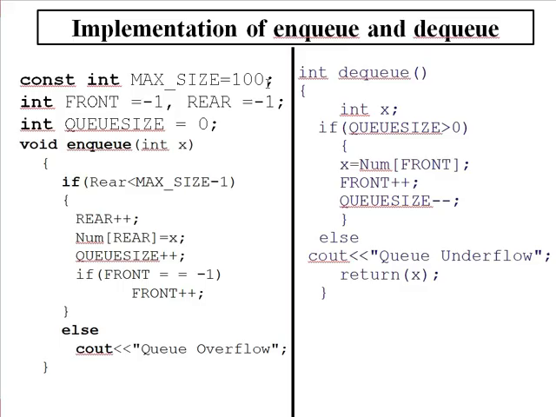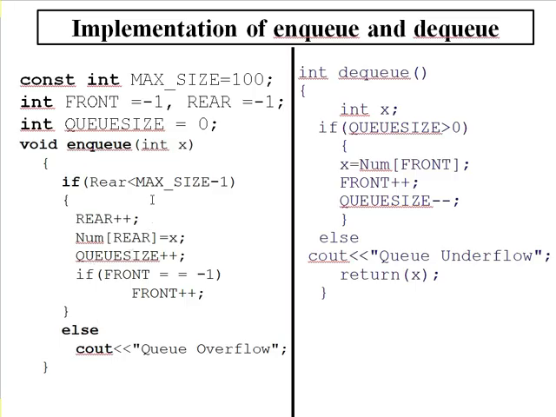And the enqueue operation takes as a parameter the element to be inserted into the queue. So if the rear is less than max size -1, this is a condition that we should check first.